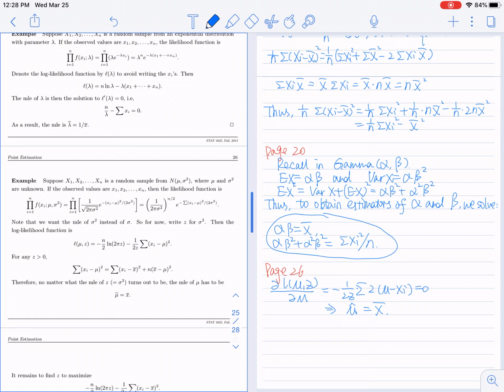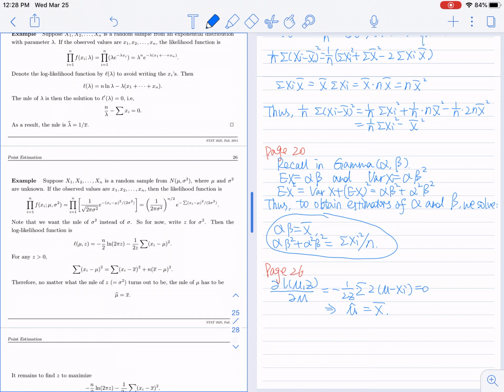So the first step is to write down the likelihood. Because we have n observations, the likelihood is the multiplication of all of the densities. Then we take the log of the multiplication of the densities, and we have the small l of mu and z, where z is equal to sigma square.